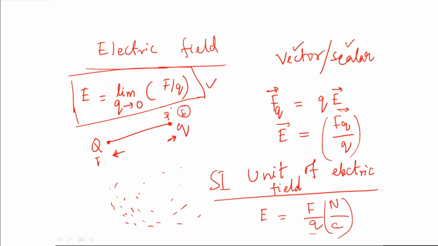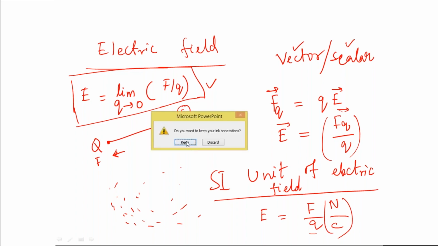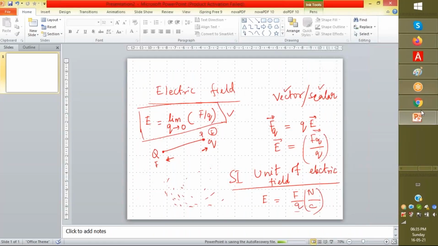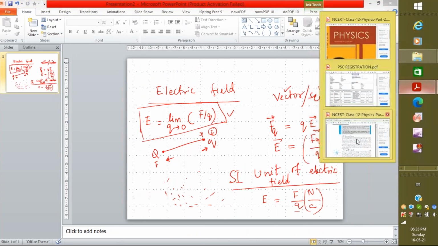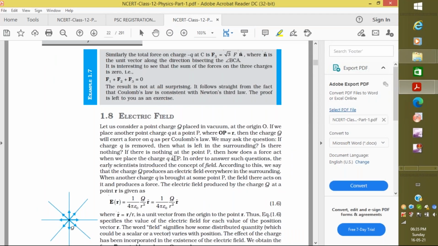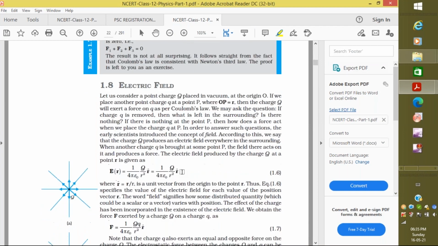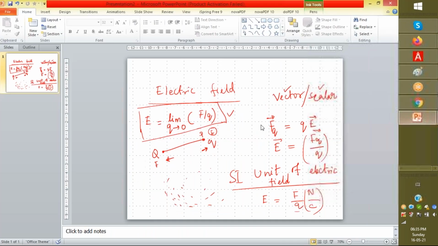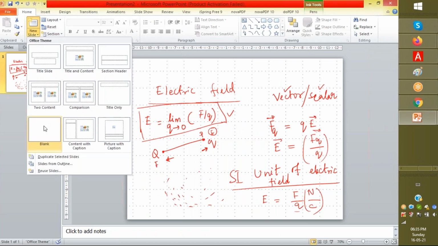Now we'll see from your book. So look here. I was telling that it is the Coulomb force per unit charge. So I'll just tell you a little bit more. Let me write what is actually the expression for the electric field due to the capital Q charge.